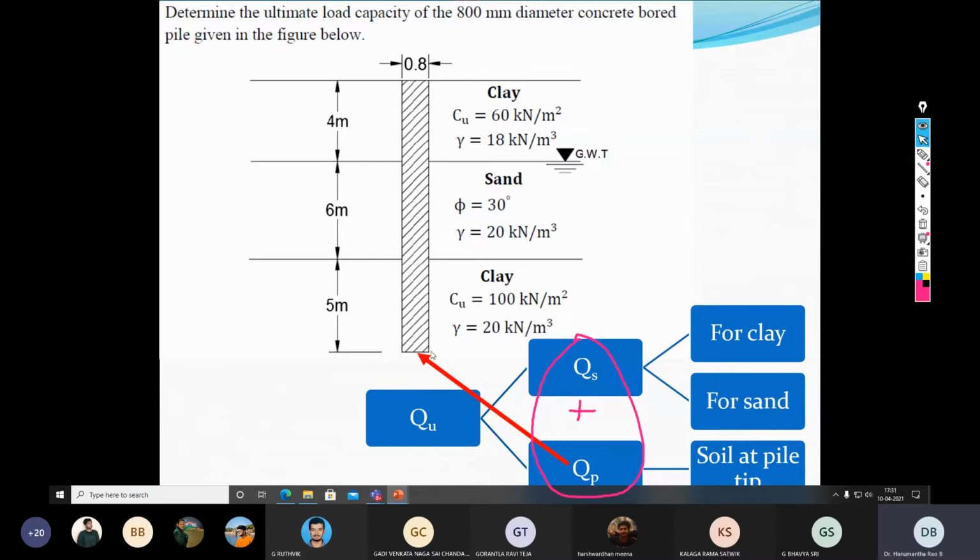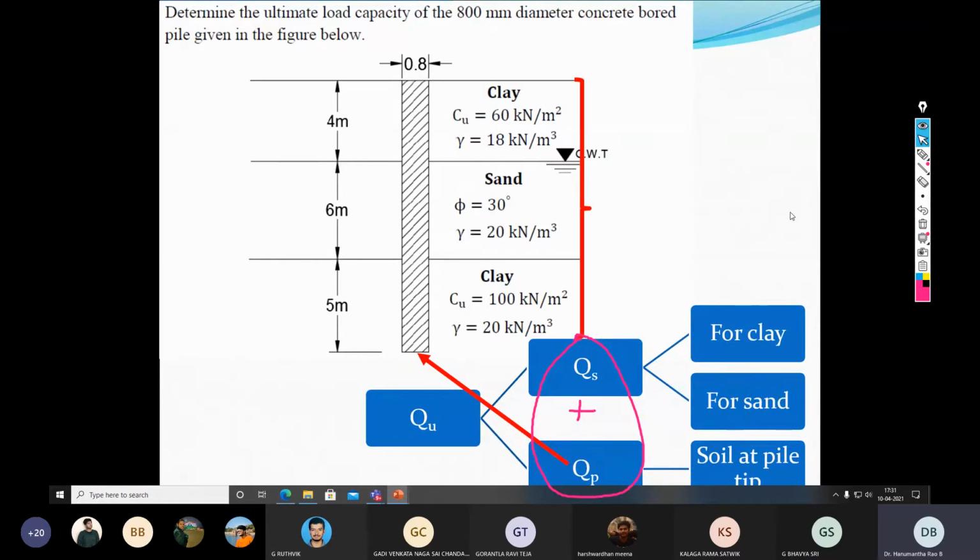When you calculate end bearing capacity, you always need to consider the soil within which the pile tip is embedded. Here the pile is resting in clay, so you have to use the properties of the clay to calculate the point resistance of the pile.